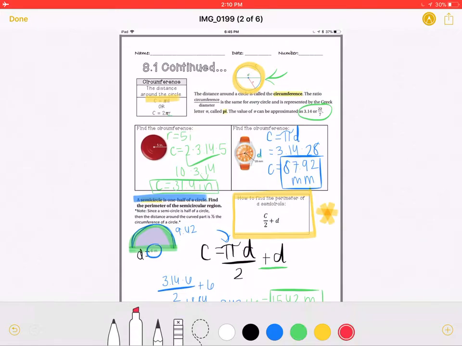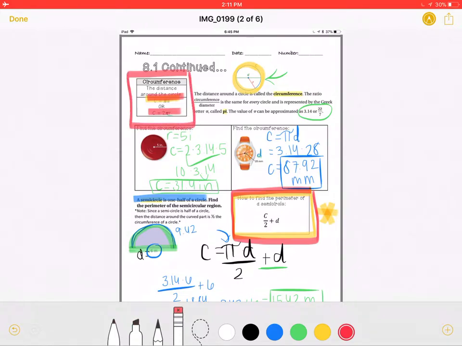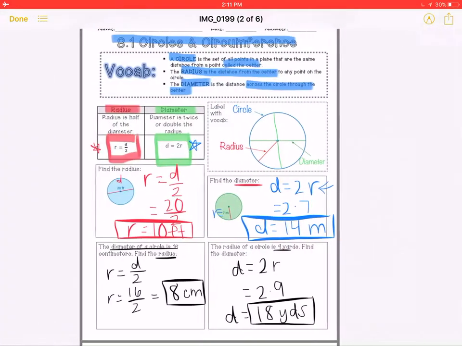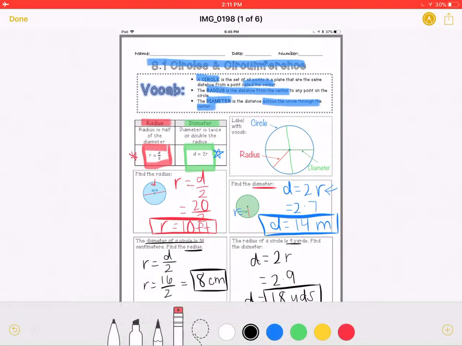There are really important formulas here. This one right in front of us, how to find the perimeter of a semicircle. We have our 2 circumference formulas that you want to make sure you have down somewhere so you don't forget. And then looking back at that first page, we also had our 2 formulas, the one to find the radius and the one to find the diameter.